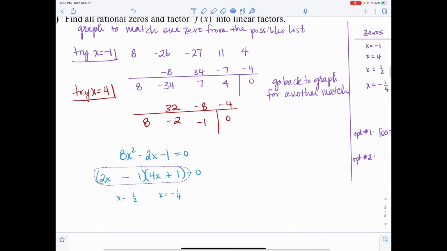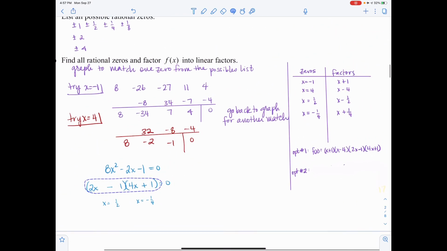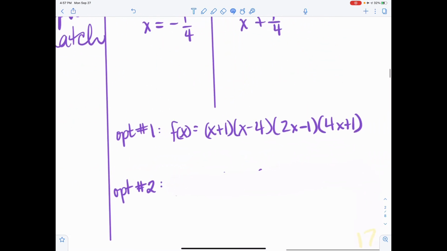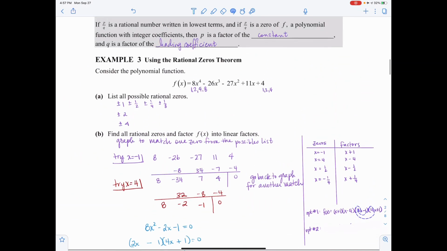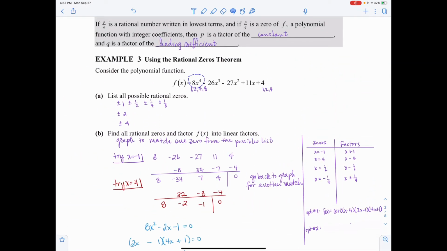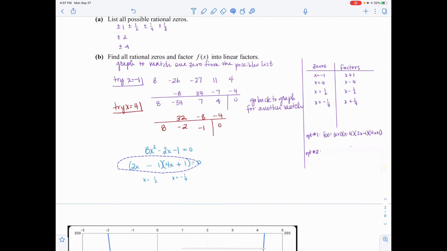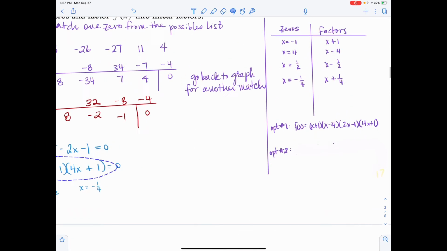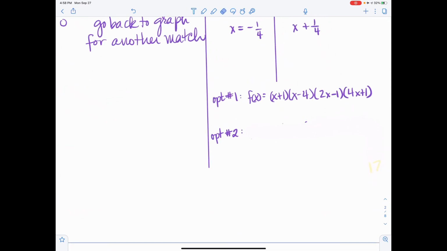In fact, remember that one of the things that you always want to do is to make sure that your leading coefficient matches. And if I take a 2 times a 4, that's going to be a leading coefficient of 8. If we go back to the original polynomial, my leading coefficient is 8, so that works out just great. If you didn't use factoring though, let's say that maybe you used the quadratic formula, and so you never saw these factors, then maybe what you would do is you would write this out in the second method.